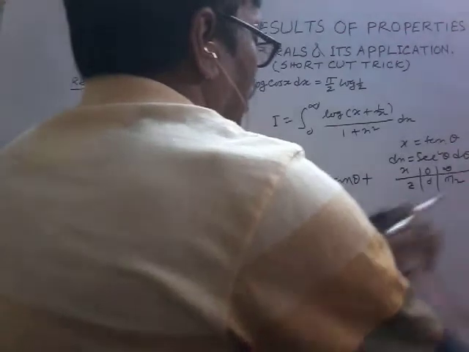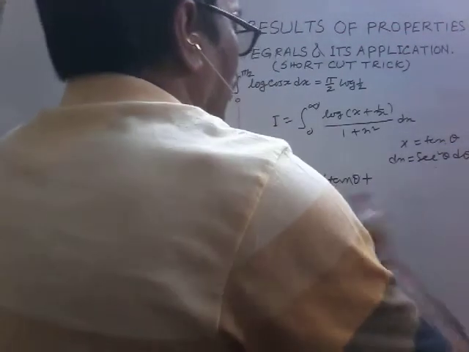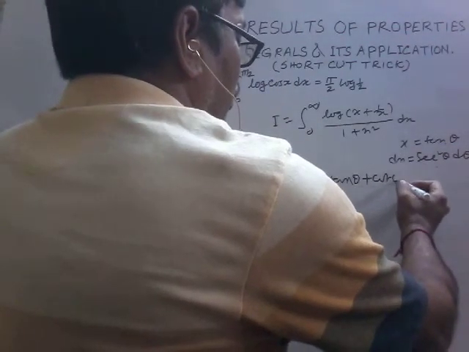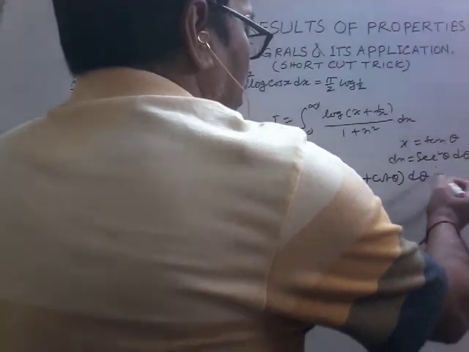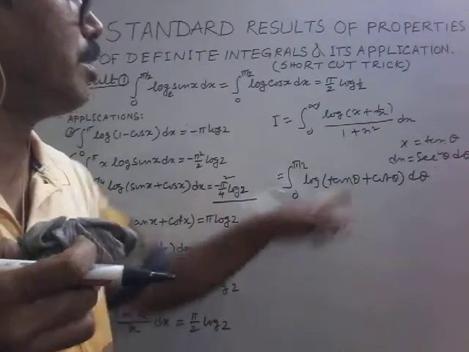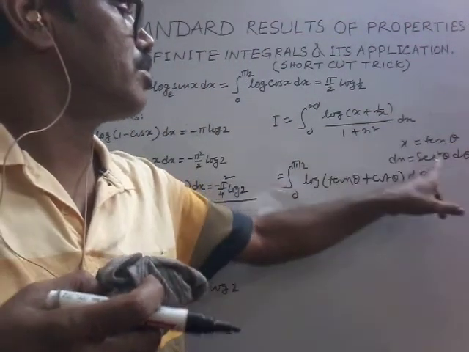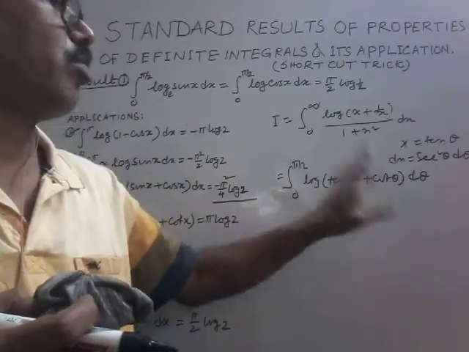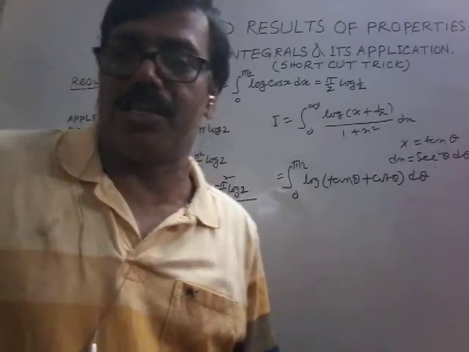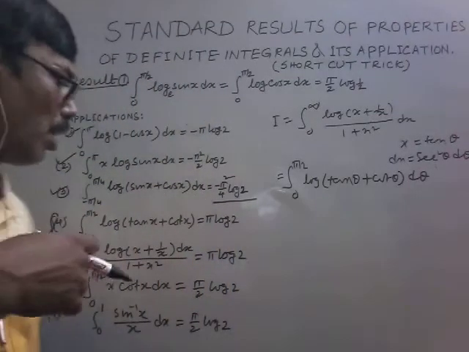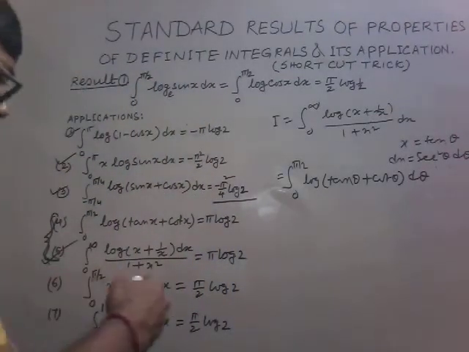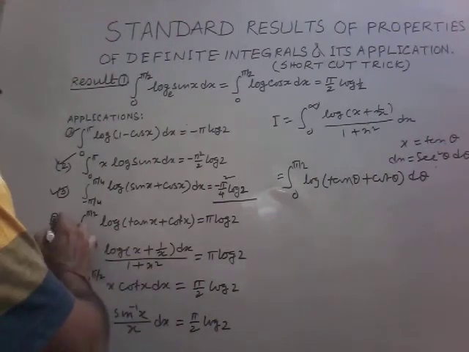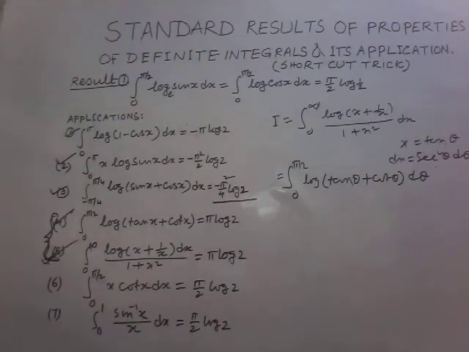plus 1 by tan theta, cot theta, d theta. Why is it d theta? dx is sec square theta d theta, and 1 plus x square is sec square theta, so this one cancels out. Now look, problems 4 and 5 are exactly the same.